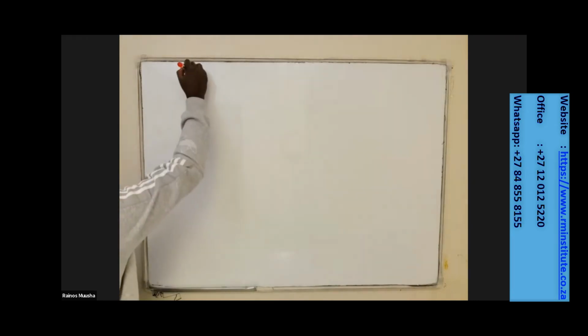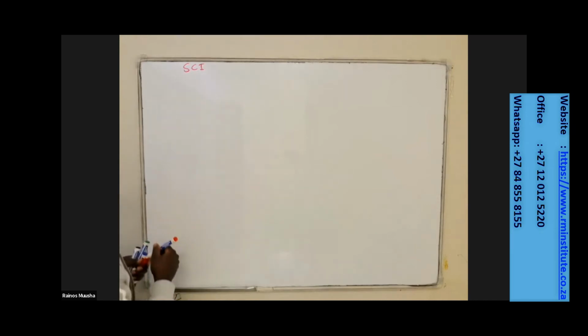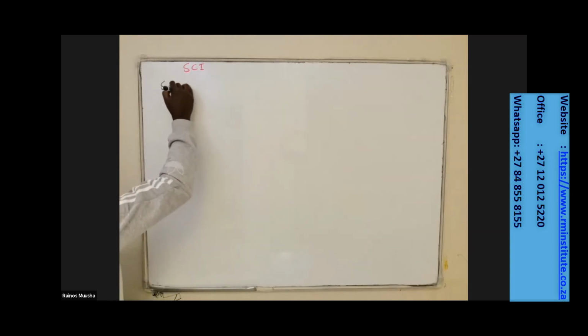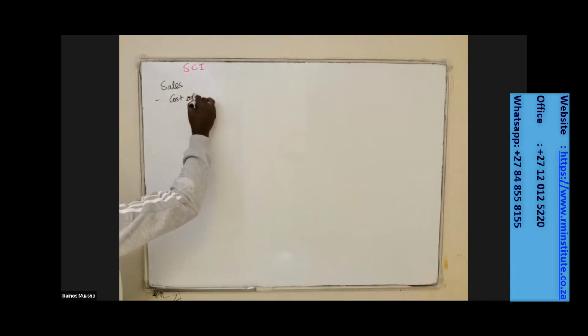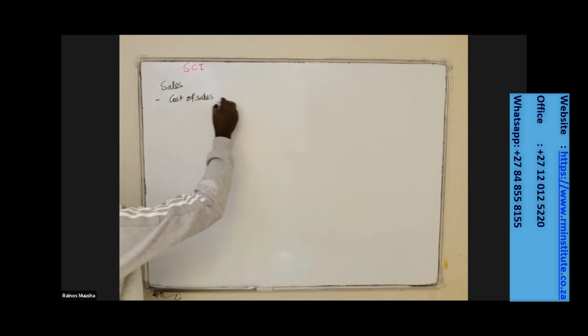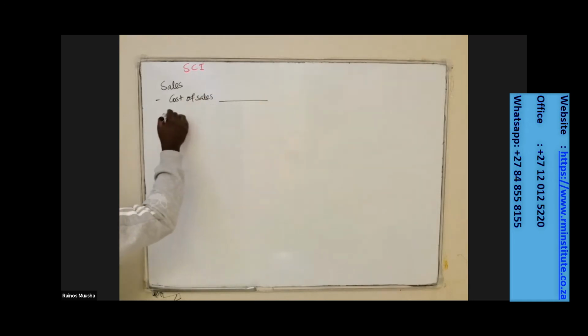So with the statement of comprehensive income, your aim is to see exactly how much profit the enterprise is going to be making, and to see how much profit the enterprise is making, you are going to say your sales, which is your revenue, minus your cost of sales, and this will give us the gross profit.